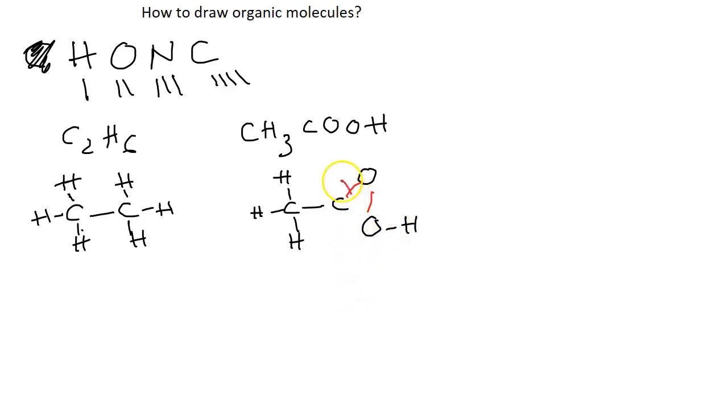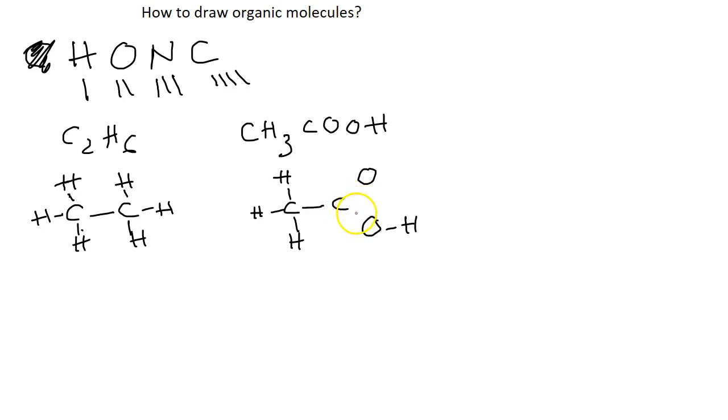But the problem is this carbon only has 2 covalent bonds. So that's not going to work. We're going to step backward and say that doesn't work, so let's try something else.